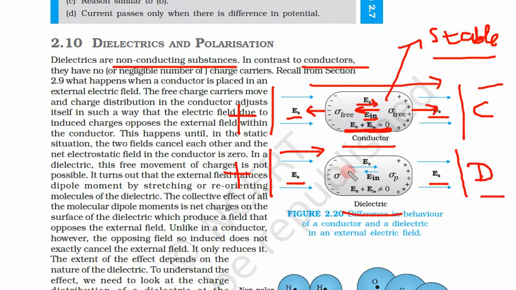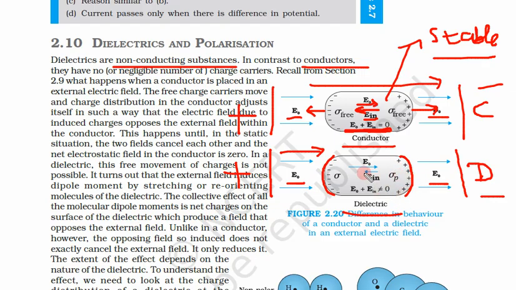But what happens, this also tries to flow the negative and positive charges, but since there are no free charge carriers, charge carriers will accumulate on the boundaries of this dielectric and distort its shape.